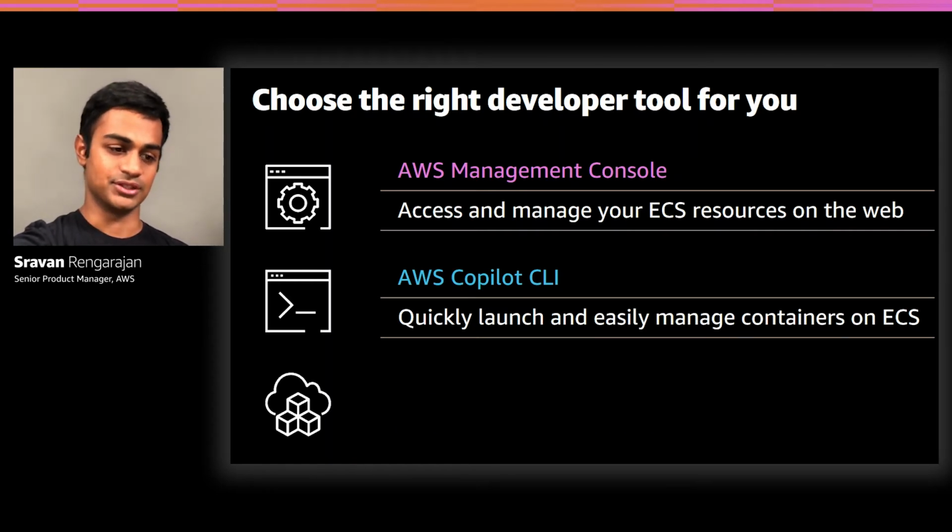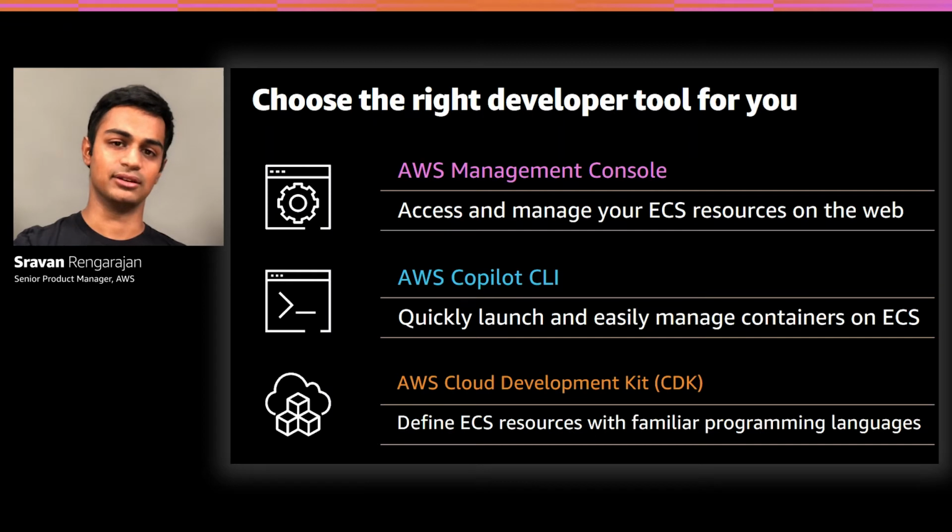But we also have what's called the Amazon Cloud Development Kit, or the CDK. And the CDK is another level on top of infrastructure as code where you can define your ECS resources and other AWS resources with familiar programming languages of your choice, like Java or C# or even JavaScript.